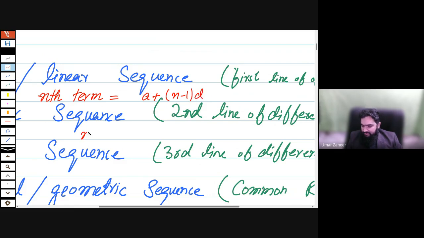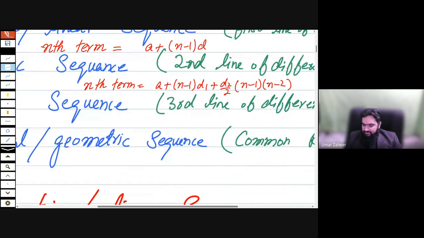For the quadratic sequence, the nth term is equal to a plus n minus 1 into d1 plus d2 divided by 2 into n minus 1 into n minus 2. In the cubic, we did not touch yet, but in the geometric, the nth term is equal to a into r power n minus 1, and r is the common ratio.